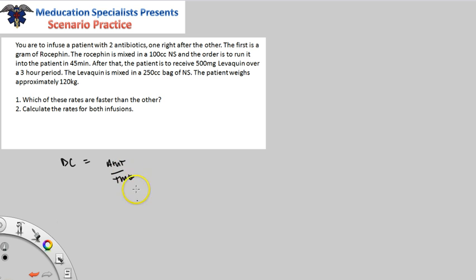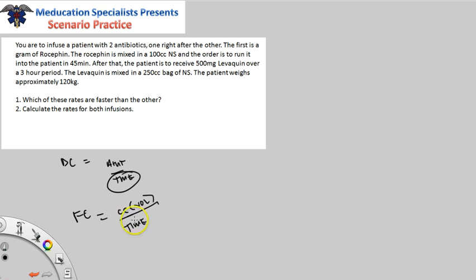Okay, this is just a drug infusion. All infusions are going to have time under it. A fluid infusion calculation is going to have an amount of fluid in cc's over time. Okay, this is a volume over time.